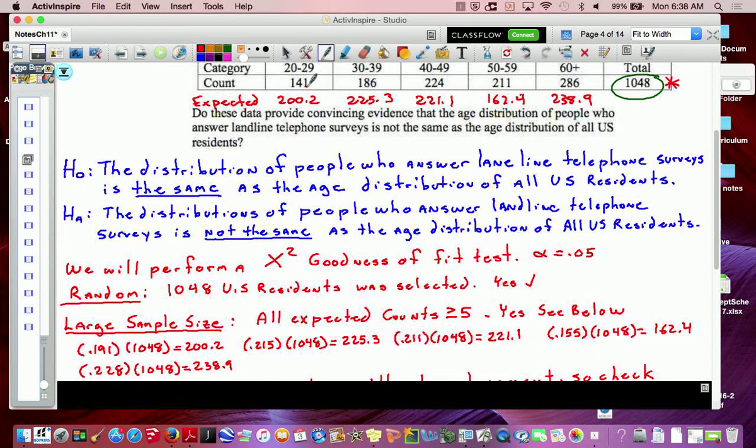What's the probability of getting a sample like this that we have here in the table, or one that is even farther away, a more diverse distribution from what we would expect? And that's what you do in the chi-squared statistic.